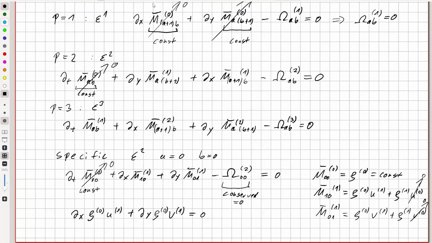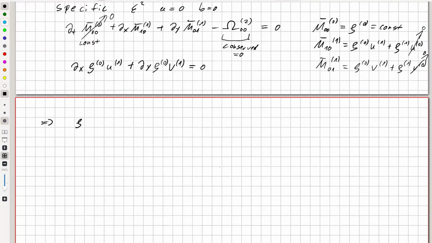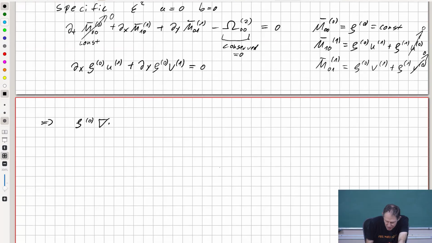Meaning what we've discovered is that we can write this, since rho to zero order is constant, we can put it in front of the derivative: divergence of u to first order is equal to 0.